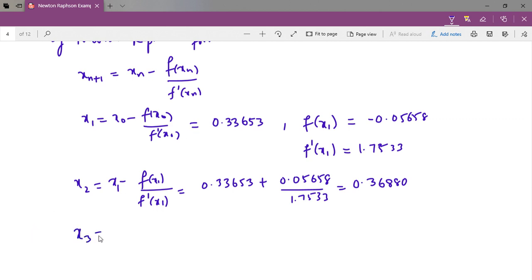So now x3, already x2 value we have. So find out f of x2 value and f dash of x2 value and substitute in x3, that is x2 minus f of x2 divided by f dash of x2. So you get x3 as 0.37055.